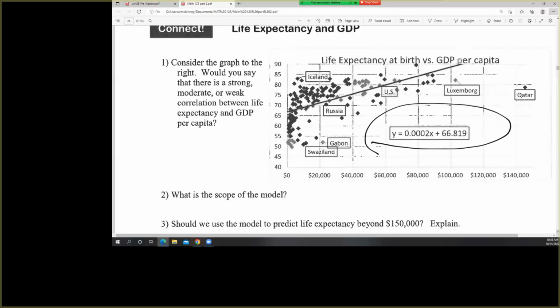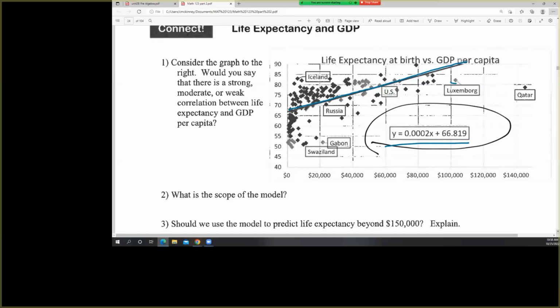How could you have predicted that your number was going to be higher than the actual? When you look at the graph, the line on the graph is this equation. That equation is the trend line.